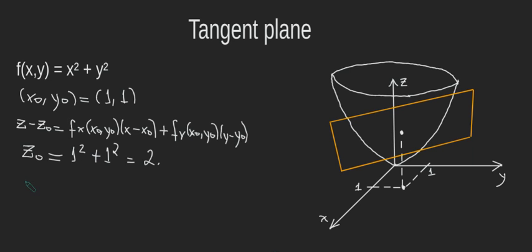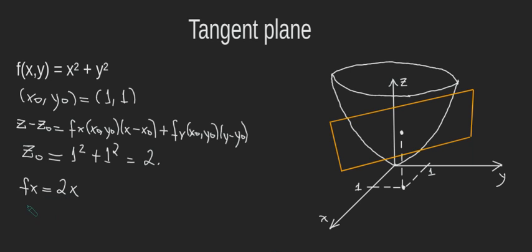Let's compute it. So the derivative of f with respect to x, we take a look at this expression. The derivative of x squared is just 2x. The derivative of y squared with respect to x is just 0, because it does not depend on x. So it's done. The derivative of f with respect to x at any point x, y will be just 2x.